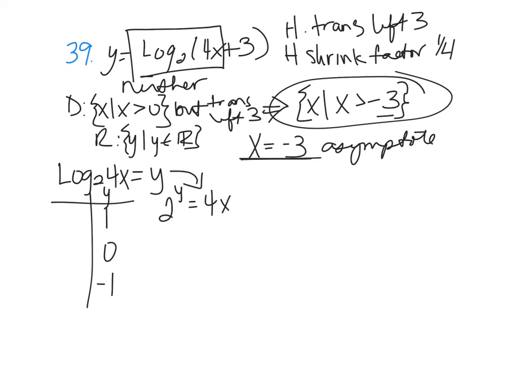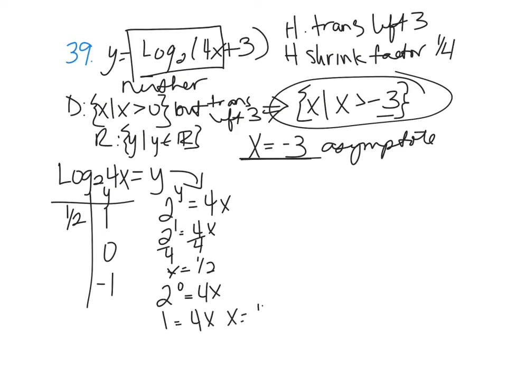I can rewrite it as an exponent, and then I can plug in my y values. So 2 to the 1 equals 4x. That's 2 equals 4x. Divide by 4, x is 1/2. And then we can say 2 to the 0 equals 4x. That's 1 equals 4x. So x is 1/4.